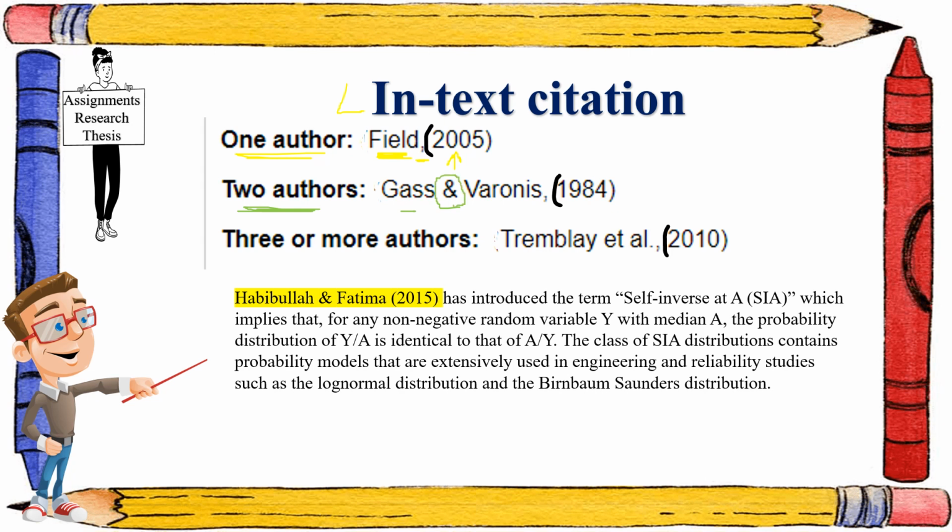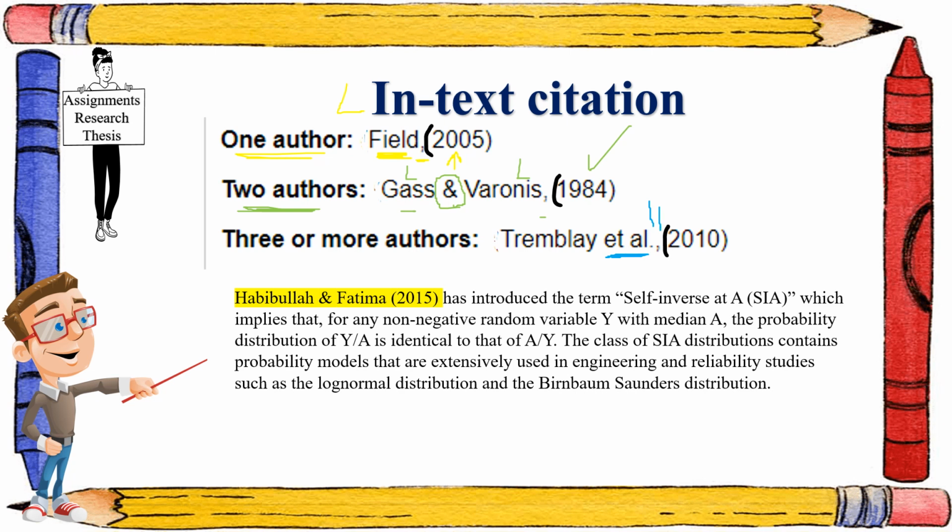So this is the last name of the first author, this is the last name of the second author, and then a comma, and then the year of publication. When the authors are more than two, what will you use? You will write et al., and then there is a full stop, and then there is a comma.